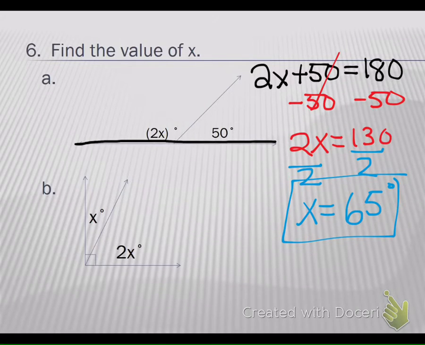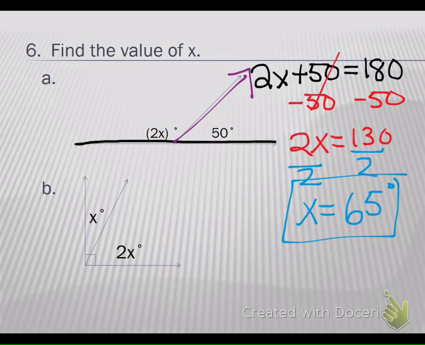So again, when I put them right next to each other, they're adjacent angles, so they share a ray. When I combine them, I get a straight angle. Straight angle is 180. Put a plus sign in the middle, equal to 180. Boom, boom, done.